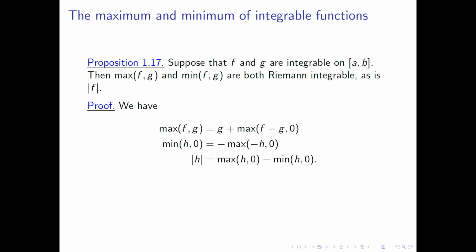So that allows us to simplify things. It means that one of these functions we can assume is 0. Also, the second equality allows us, if we can prove something true for maxes, to prove the corresponding statement for mins. The minimum of h and 0 is minus the max of minus h and 0.